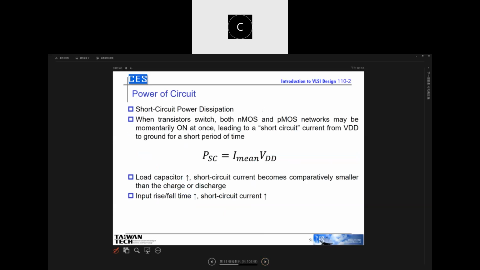So we have a short circuit current from VDD to the ground, in a very short period of time, but this also consumes power. So this short circuit power is this short circuit current times VDD. But this is a very short period of time, so that's not the main source of the dynamic power consumption.